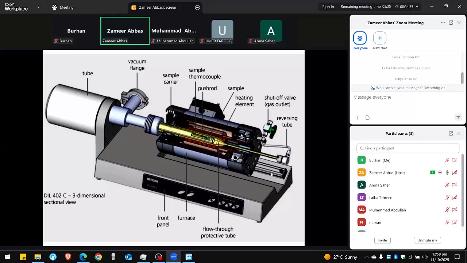Some phases have a larger volume, and some have smaller volume for the same amount of material. So that's another equipment that helps in drawing these phase diagrams.